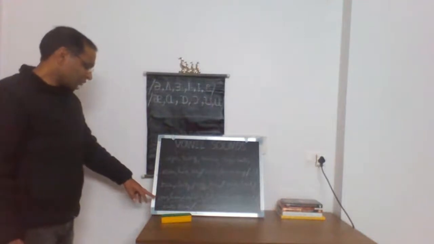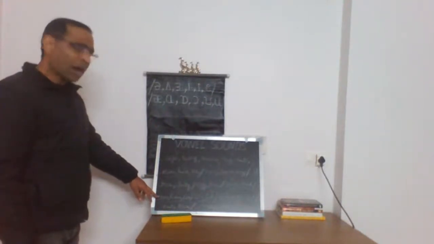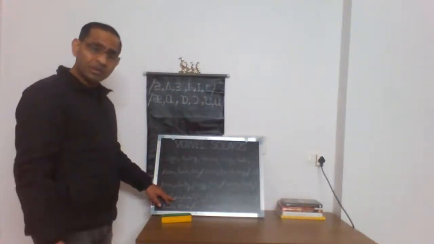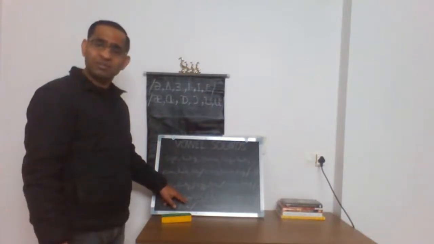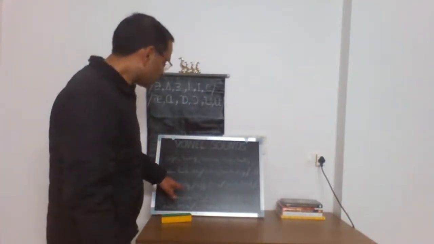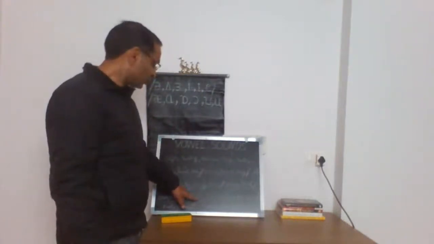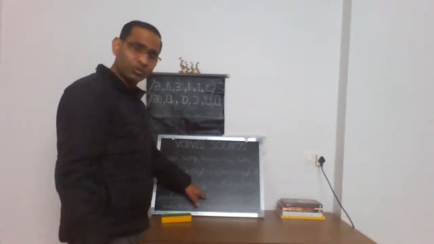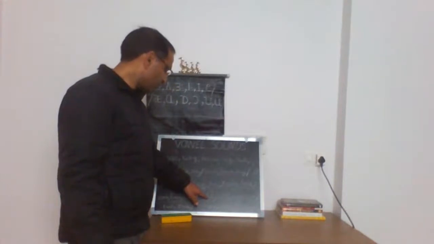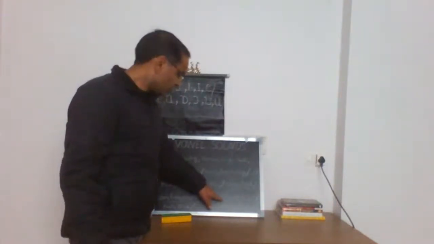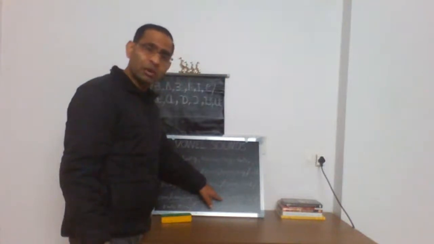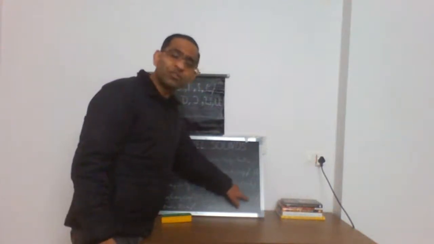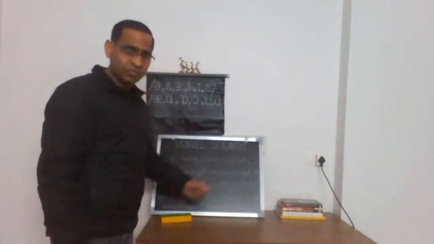Then coming to the next sound a, we use a in arm as the initial sound, in ham as the medial sound, and in ka as the final sound. Then the next sound o, we use it in on as the initial sound, and in hot, pot, and short as the medial sound. Then coming to the long o sound, we use it in all as the initial sound, in non as the medial sound, and in saw as the final sound.